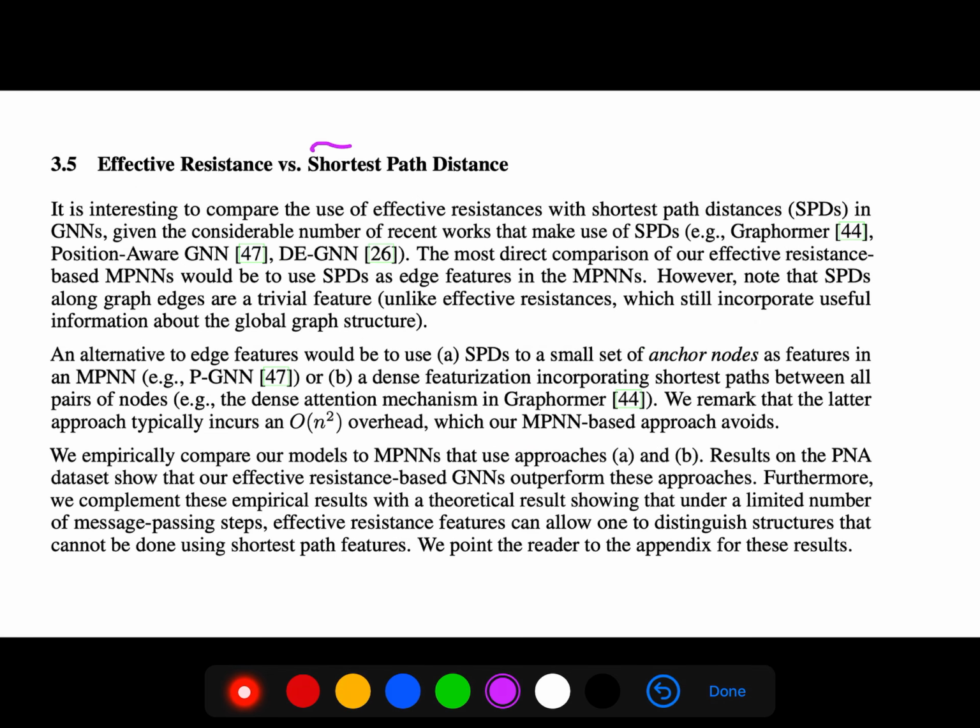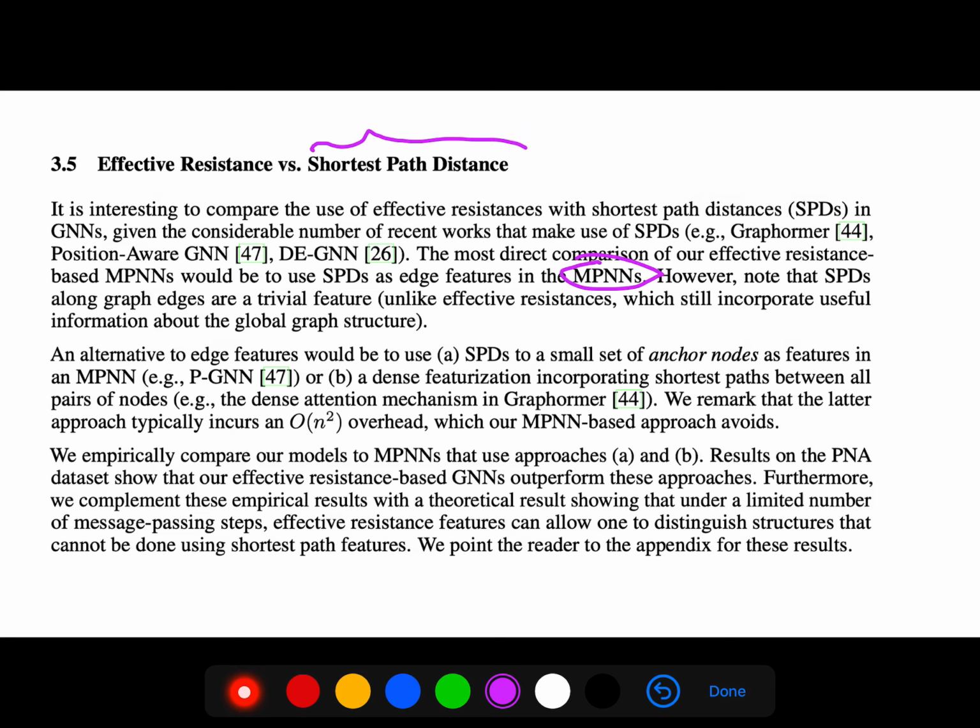It is interesting to compare the use of effective resistance with shortest path distances. The most direct comparison of our effective resistance based approach would be to use SPDs, shortest path distances, as edge features in the message passing neural network.